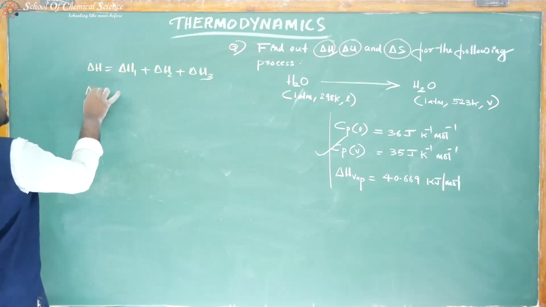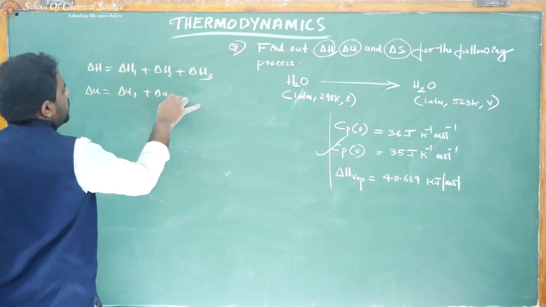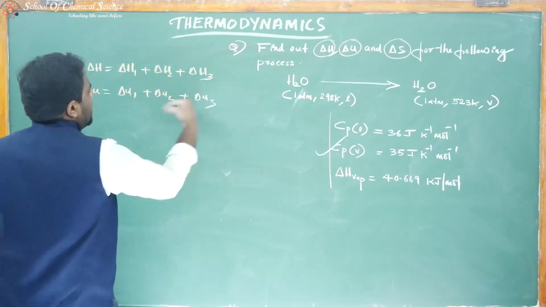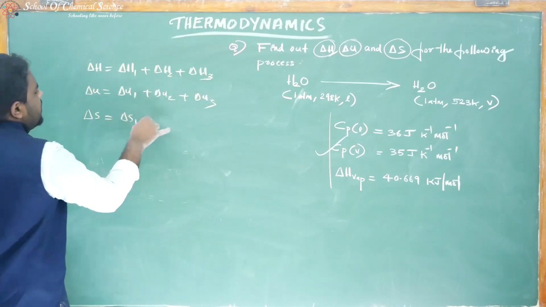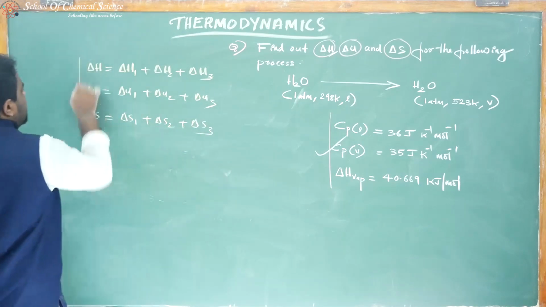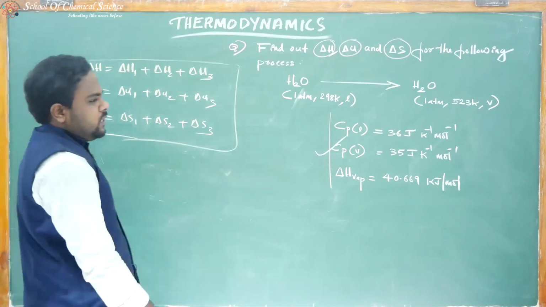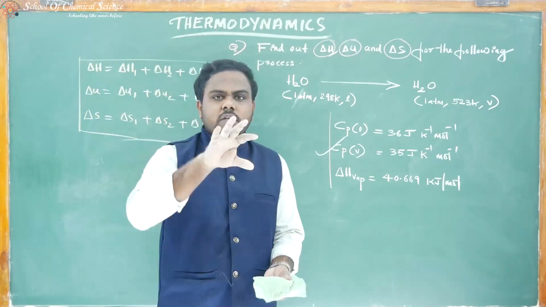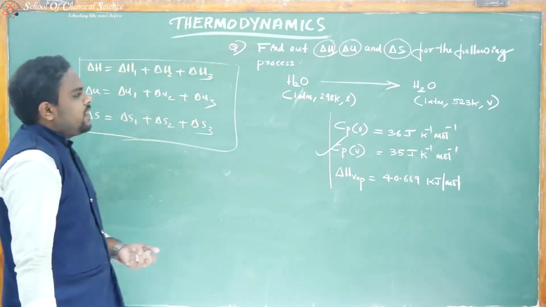Total internal energy change delta U is equal to delta U1 plus delta U2 plus delta U3. Total entropy change delta S is equal to delta S1 plus delta S2 plus delta S3. So that's about the question. Your answer in most times will be in ln form, so you can calculate the final answer.